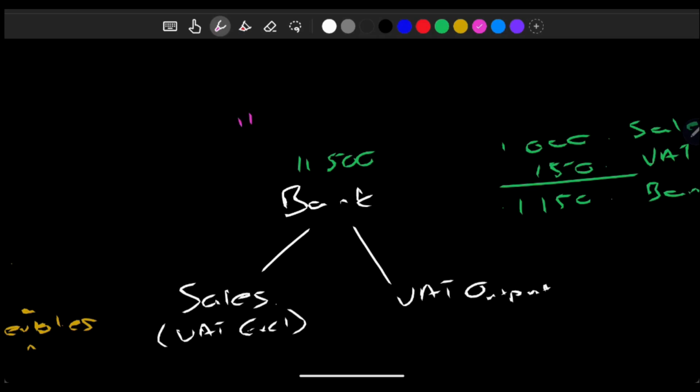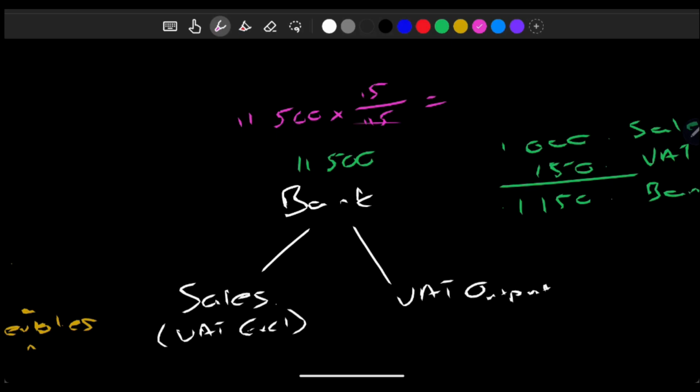So it's going to be 11,500 multiplied by 15 over 115. So here I'm trying to get the VAT output, right? Let me quickly access my calculator.